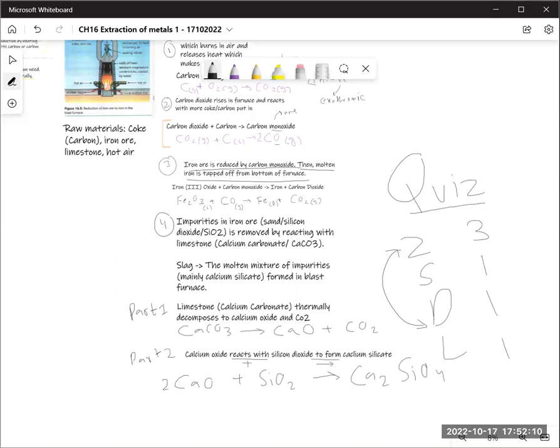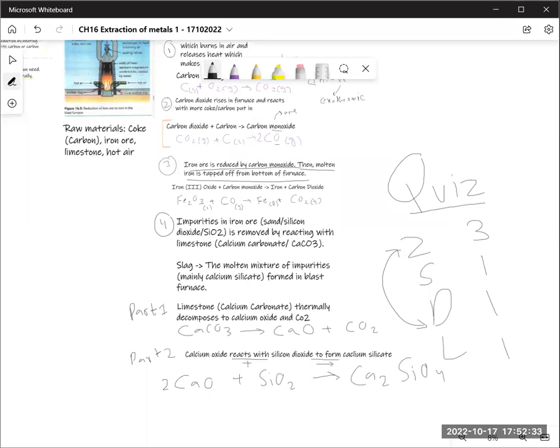How is calcium oxide formed in the blast furnace? What is the equation for that? Should I pass this question to the next team?